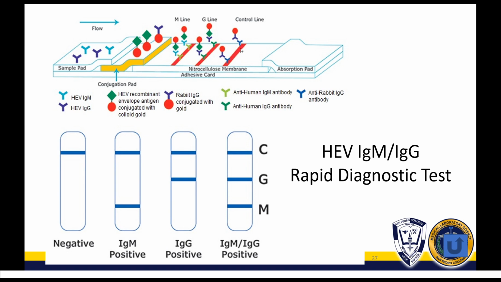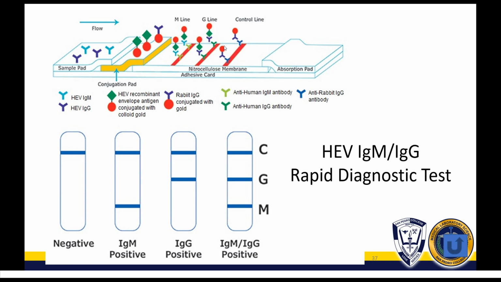specifically until the C region. In the C region, there is an impregnated anti-rabbit IgG antibody. So, this impregnated anti-rabbit IgG antibody will capture the rabbit IgG conjugated with gold.